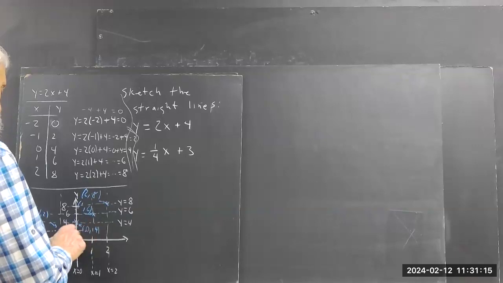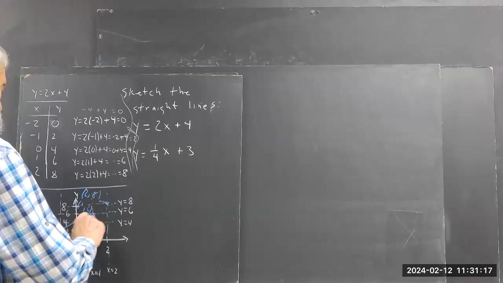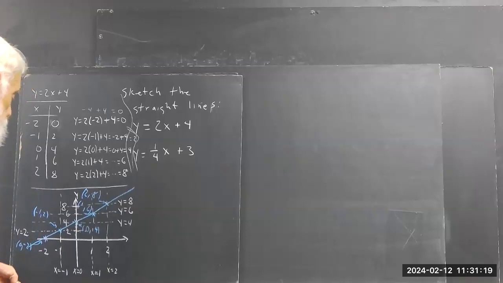Well, then we can draw a straight line through these points. So you need to be able to do that. Since that's so important, I'm going to ask you to do it for the second function, but let's make a table first.